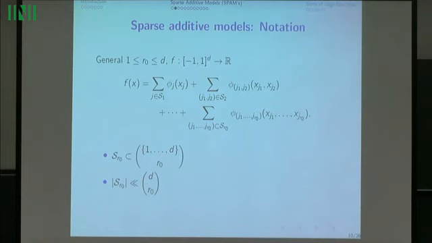So of course the sense of the story gets lost a bit if R0 grows. If R0 is equal to d, then of course, I mean, you didn't reduce anything. So our interest is in R0 very small, 1, 2, 3, maybe up to 5, something like that, but essentially smaller than d.